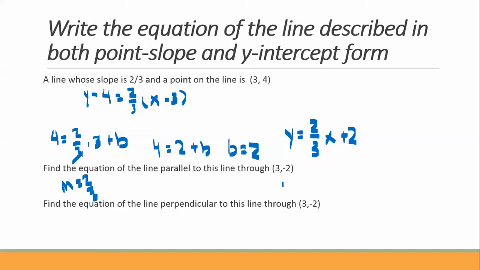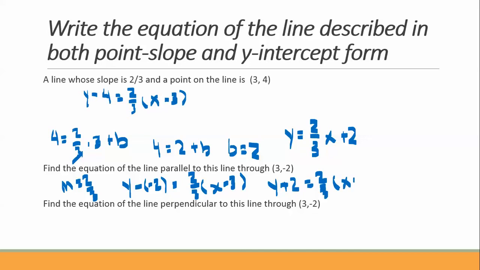And now we have this point, so we can write it in point-slope form. y minus -2 equals 2/3(x - 3). So all we have to do is simplify the minus and negative, so y + 2 = 2/3(x - 3).